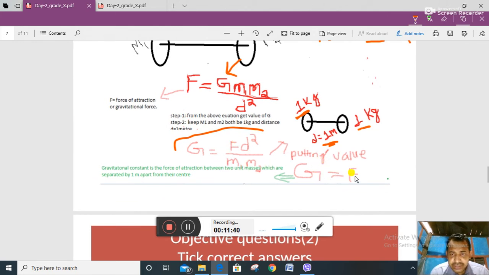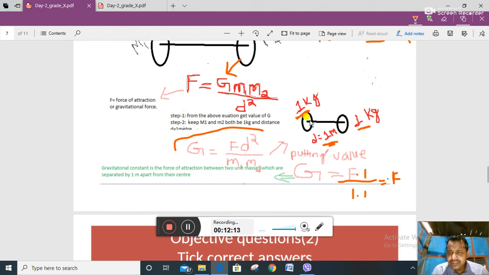F into d square means 1 square, that is 1, divided by the masses, which is also 1. Overall you are getting the value F. Now how do you define the gravitational constant? The force of attraction between two unit masses, or two 1 kg masses, which are separated by a distance of 1 meter. This is the easy definition.